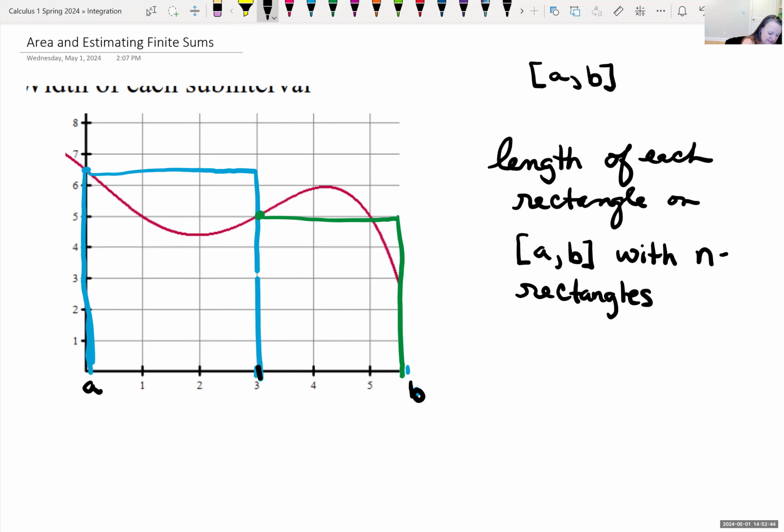Then the length or width of each rectangle, we can find by B minus A divided by n. So you might see this in your book as delta x.